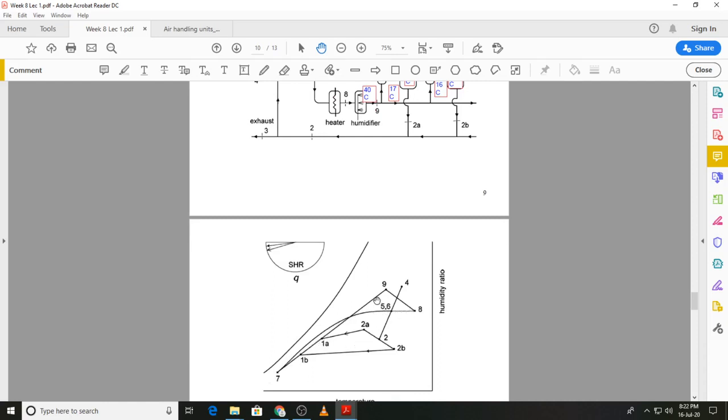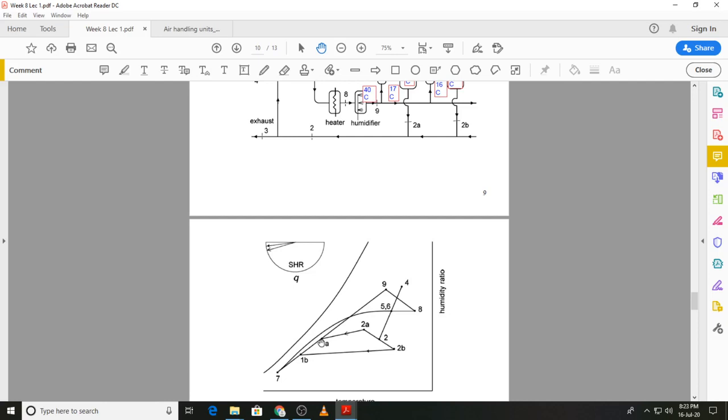So heating and humidification to state 9, cooling and dehumidification to state 7, then the mixing of the two streams in the mixing box, which is where we started from. So that is the cooling cycle for a dual duct constant air volume multiple zone system.